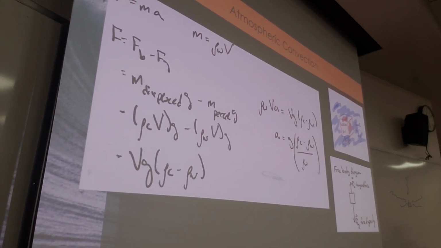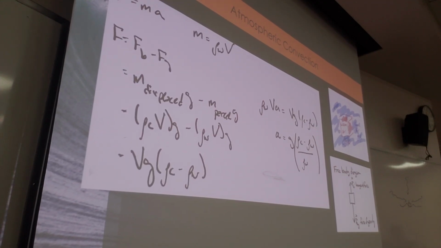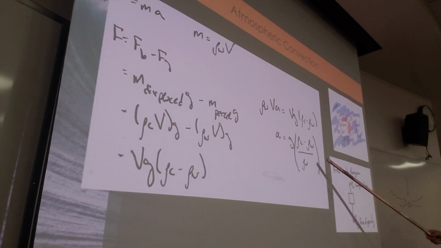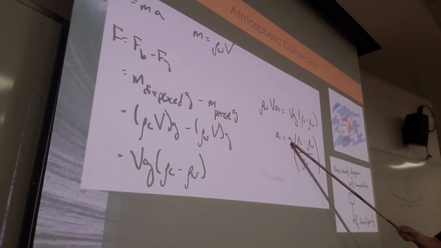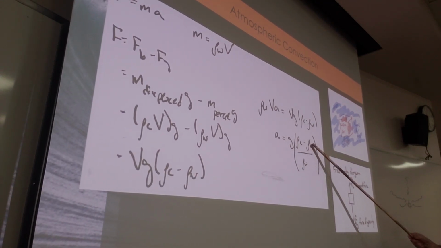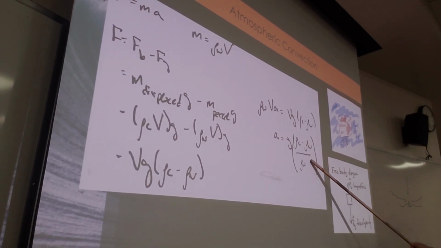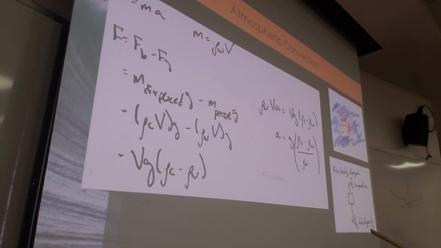If you were going to have to use this formula, for example, to calculate an acceleration on an exam, I would give you the formula like this. The acceleration ends up being equal to gravity times this density difference, and again, the cold air is denser than the warm air, so this is a positive number, divided by the density of the warm air.